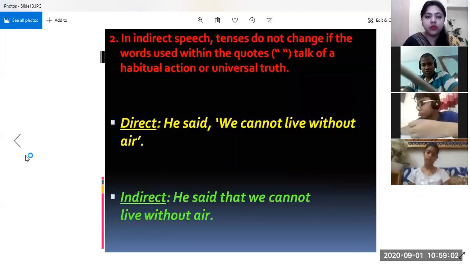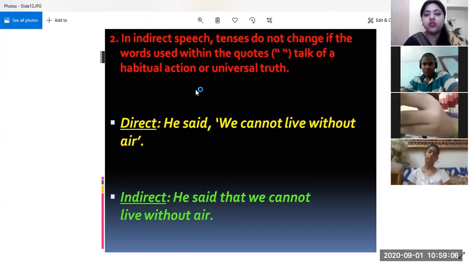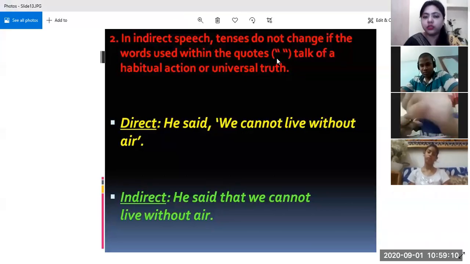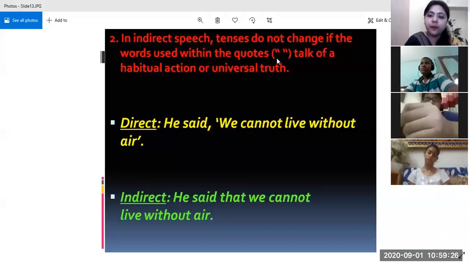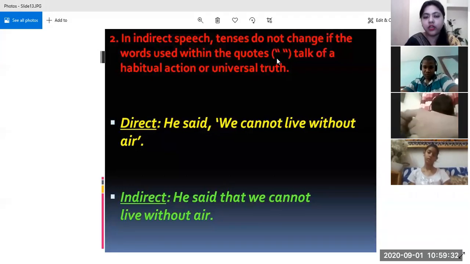Also, one more thing: in indirect speech, tenses do not change if the words used within the quotes talk of a habitual action or universal truth. When something is quoted which is a universal truth, which will not change ever, then it doesn't get changed into the past tense. For example, the sun rises in the east. It will always rise in the east, so it can never be a thing of the past.